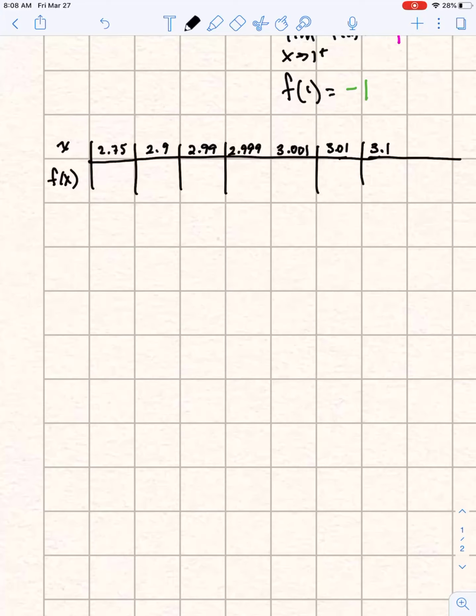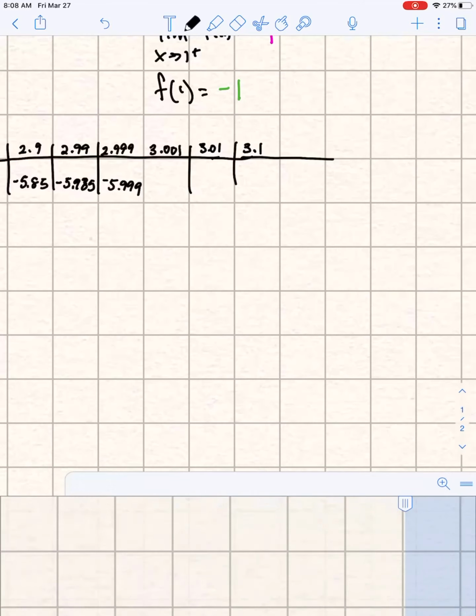And then let's say we have -5.7, -5.85, -5.985, -5.999, and over here we have, oh man, what am I doing?